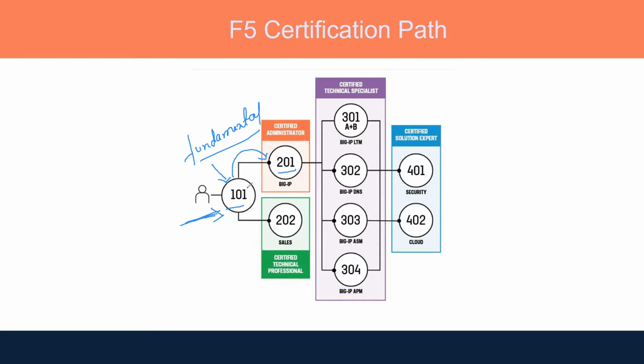If you pass 101 plus 201, you get the certification of F5 Certified Administrator. After this, you can go for the next step: you can pass 301, then go for the next step, 401. This is how you can pursue the certification.